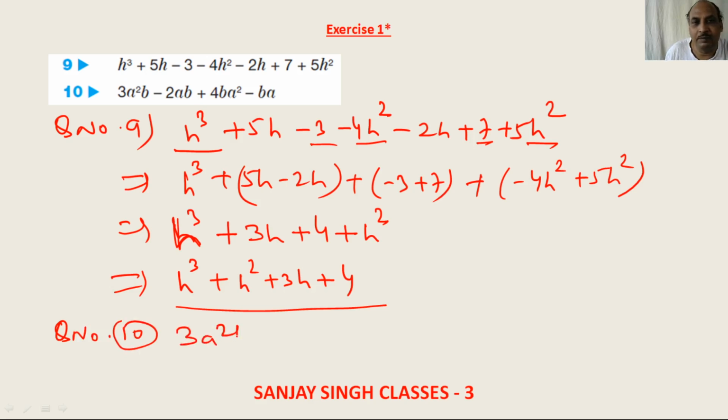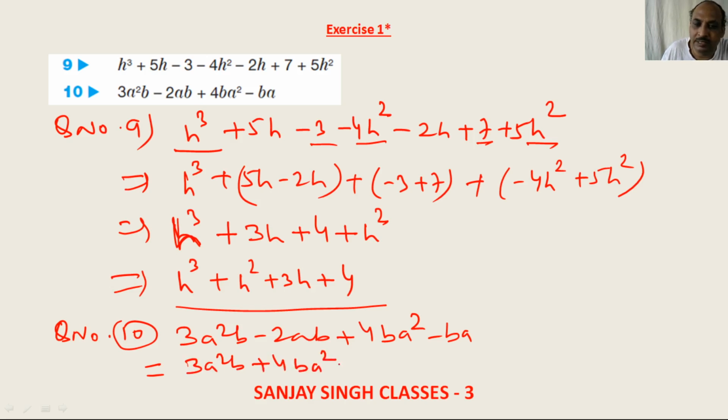3a square b minus 2ab plus 4ba square minus ba. So 3a square b and 4ba square, that is ba square. It is not common, so we will be writing like this only: 3a square b plus 4ba square, minus 2ab minus ba.